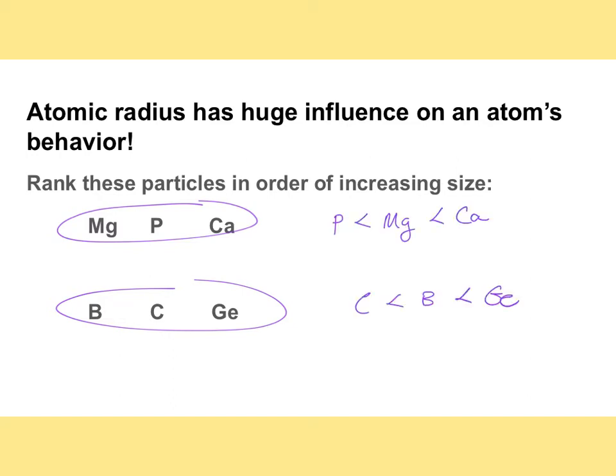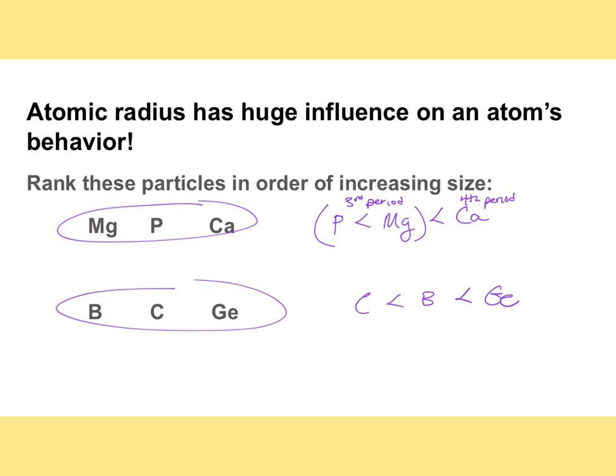So here's what I've come up with using the periodic table trends for atomic radius. Phosphorus and magnesium are both in the 3rd period, but phosphorus is further to the right, which means it has more effective nuclear charge in the 3rd period, therefore it's smaller than magnesium.